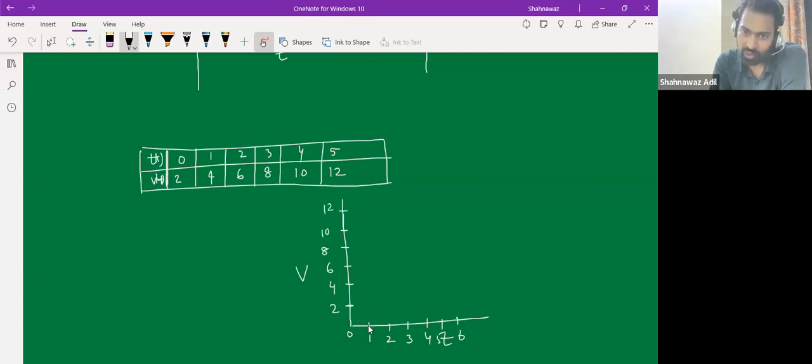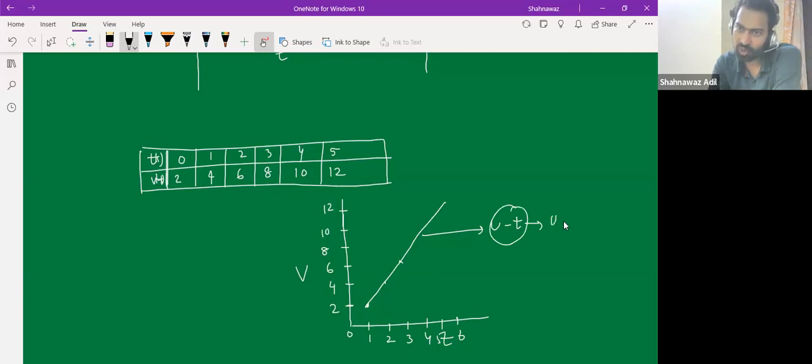At 1 it is 2, at 2 it is 4, at 3 it is 6, and so on. So what kind of graph am I getting? Uniform. Whenever I have a straight line in the v-t graph, this represents uniform acceleration. Understood?